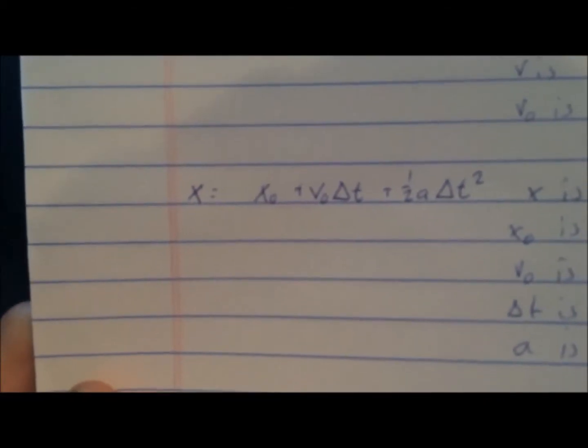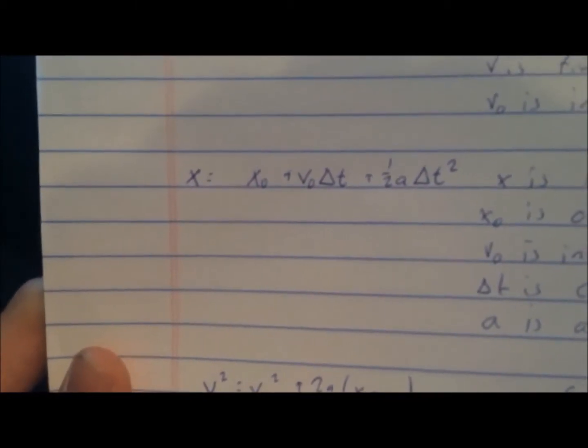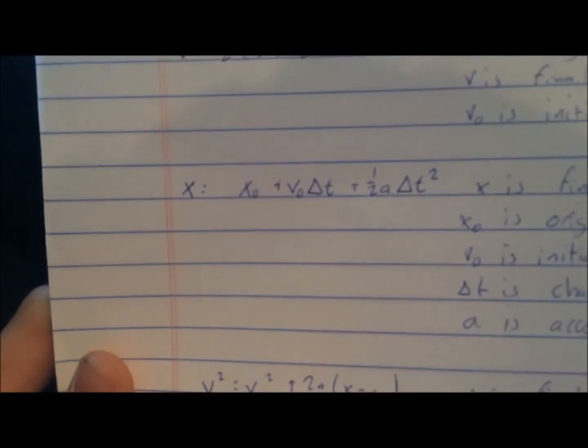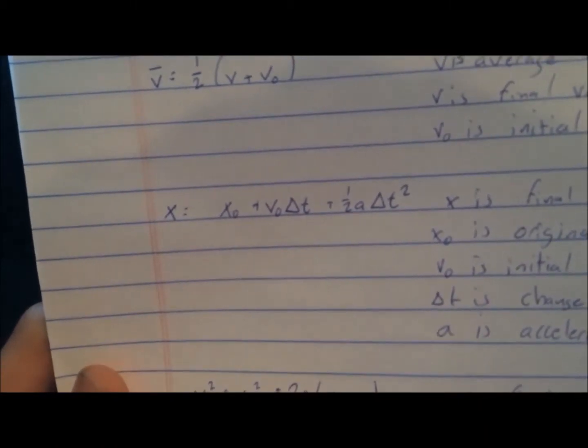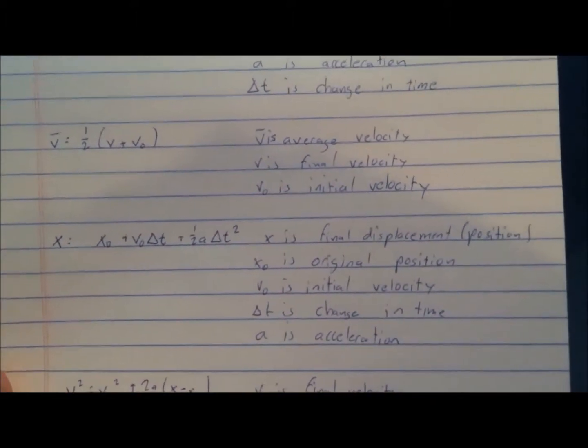So you have your final position, which is x, is equal to your initial position plus the product of your change in time times your initial velocity plus your acceleration times the square of your change in time over 2. And that will give you your final position.